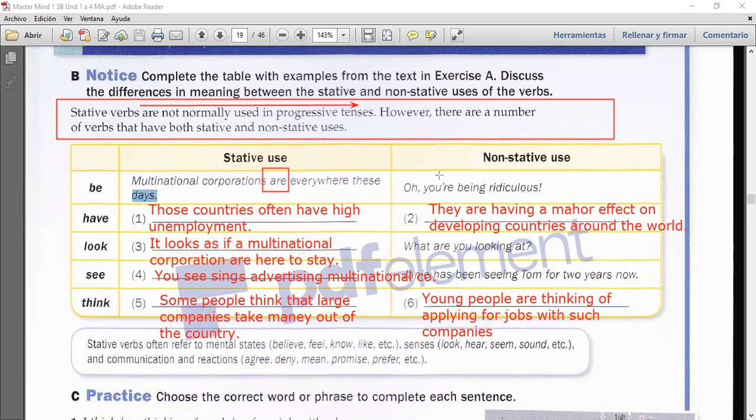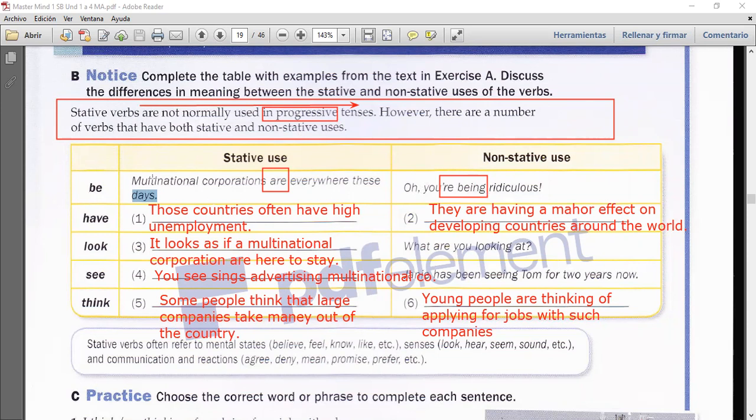Oh, you're being ridiculous. So, as you can see now, we are using the progressive.